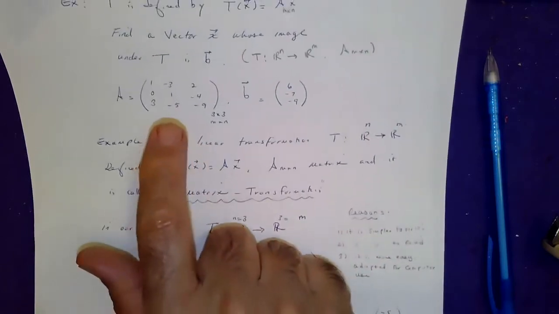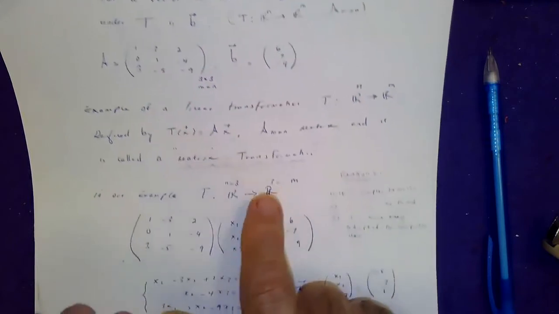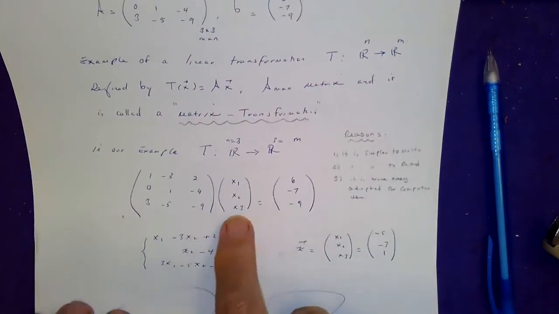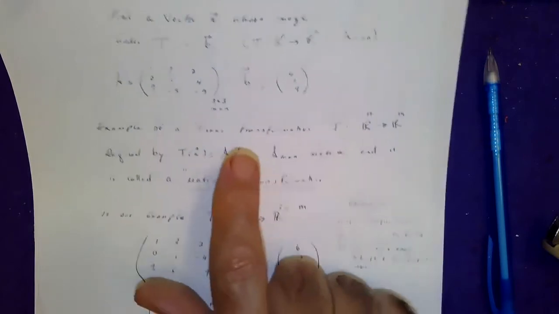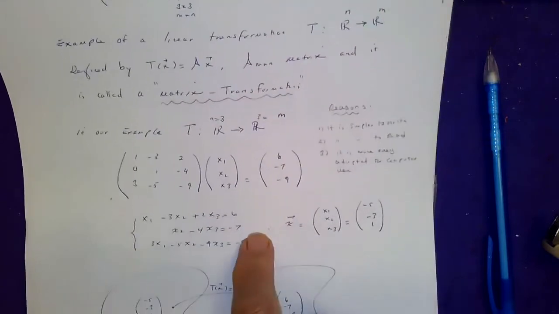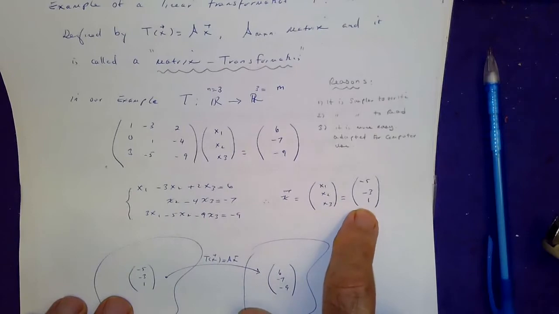This is your matrix of coefficients of the variables, and here is the column vector of variables, and that's supposed to be equal to this. So when you form a system and you solve this, you get this.